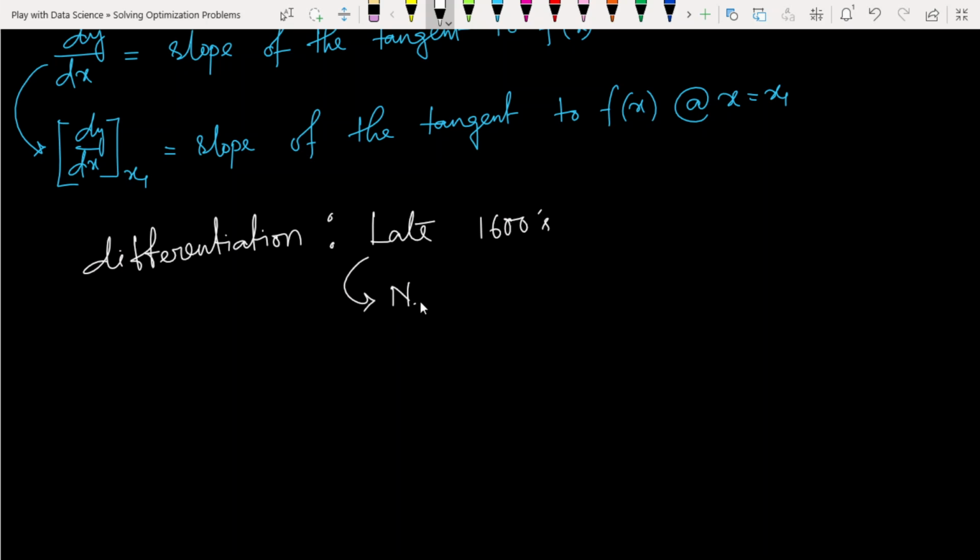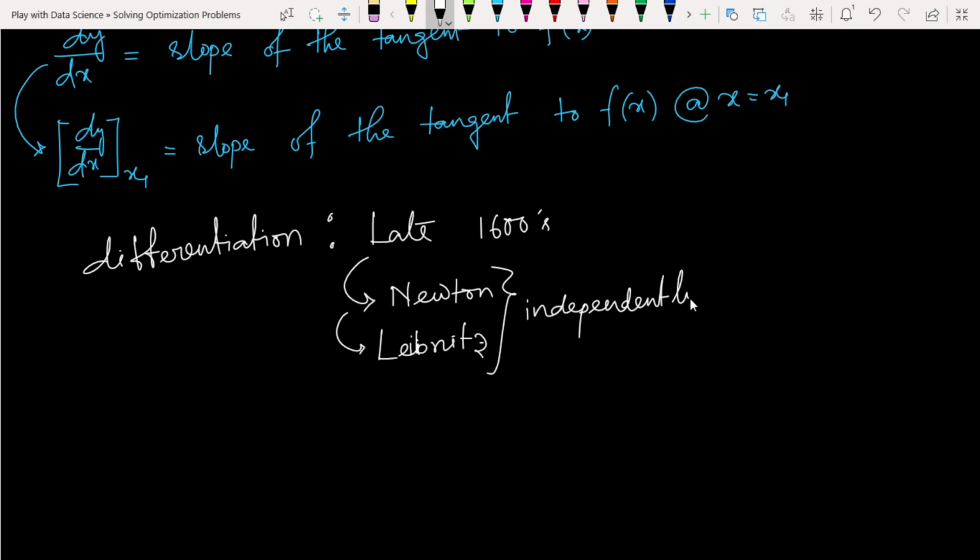Both gave the same concept independently.